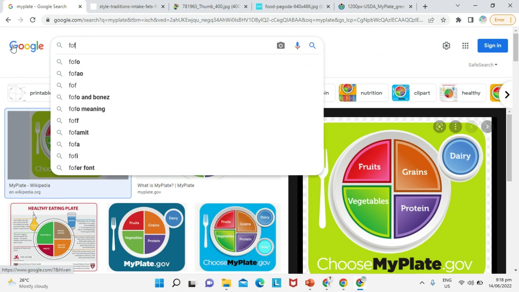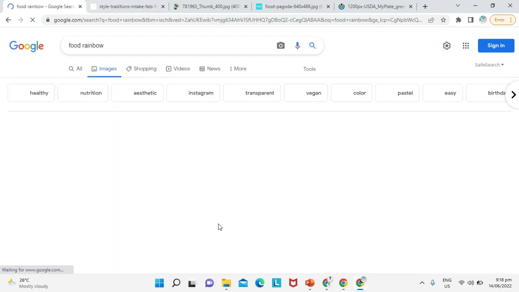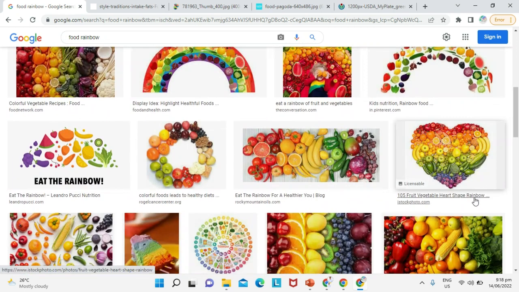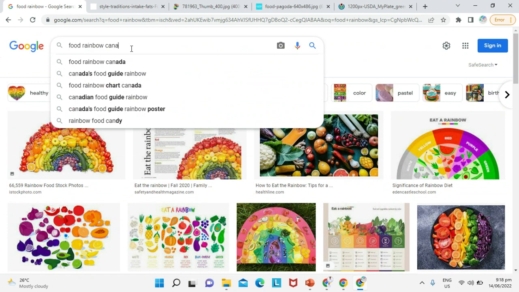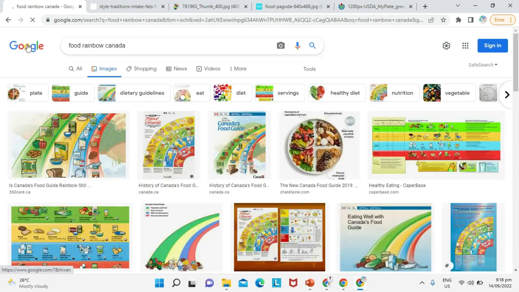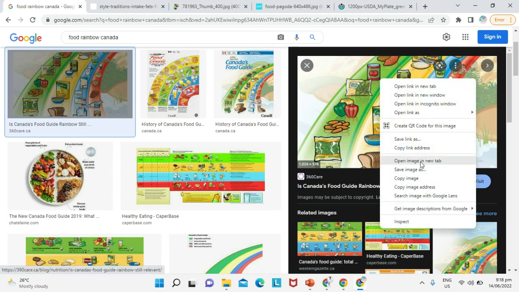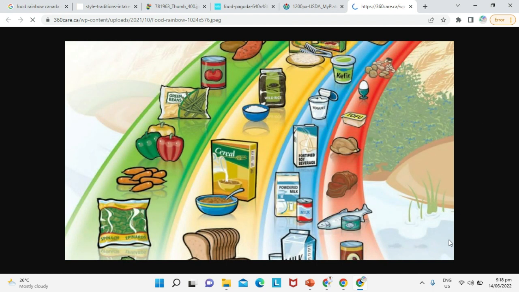Food Rainbow. Food Rainbow Canada. Yeah, inani, ilaha. Okay? More colorful, no? Ang kuan, ang Canada. Okay.